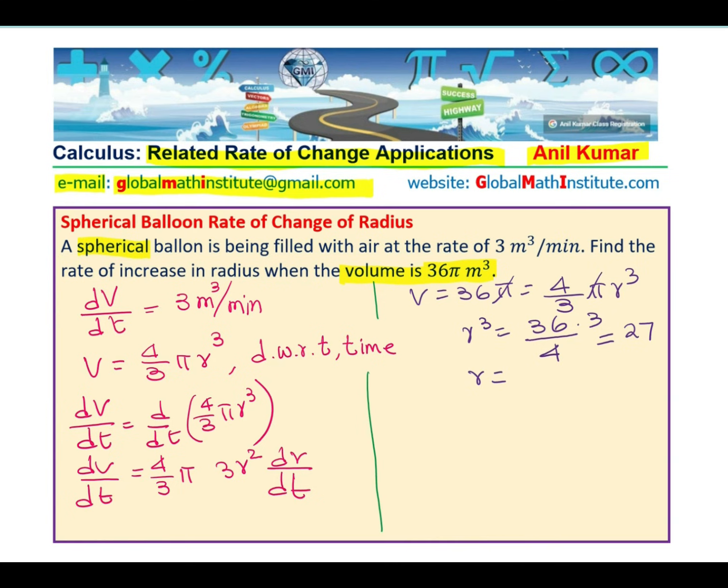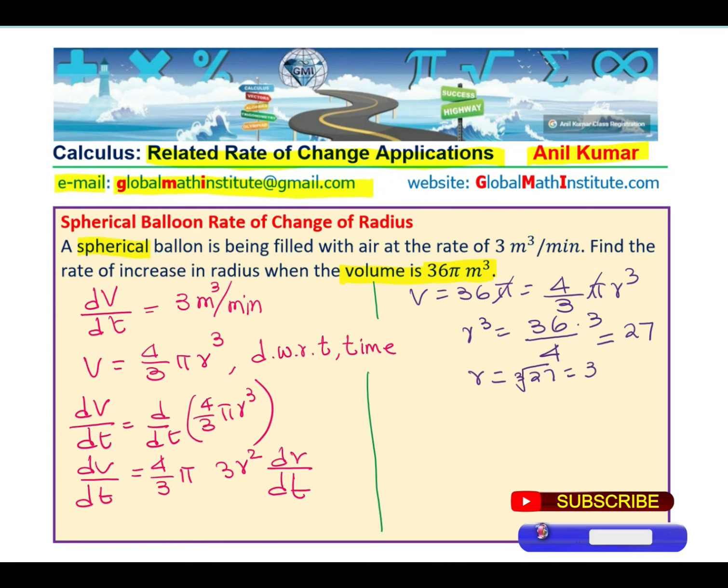Or radius is cube root of 27, right? Which is 3. So we know the radius when we want to find rate of change. Now the alternative for you is you can rearrange the equation or just substitute the values given and then find dr/dt. So let's substitute the values.